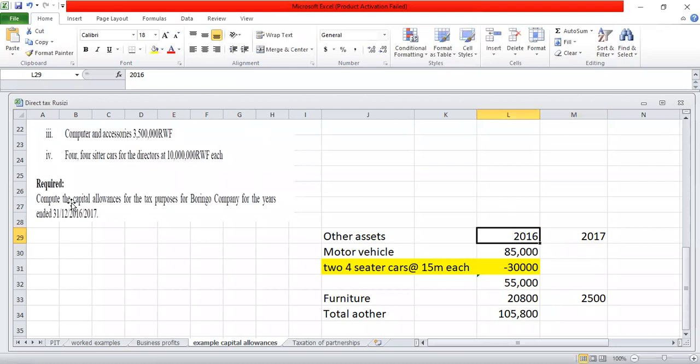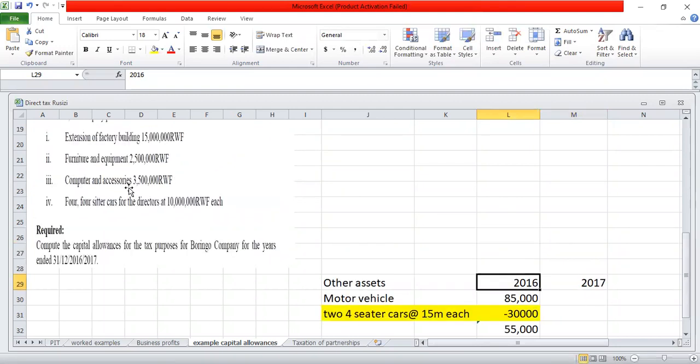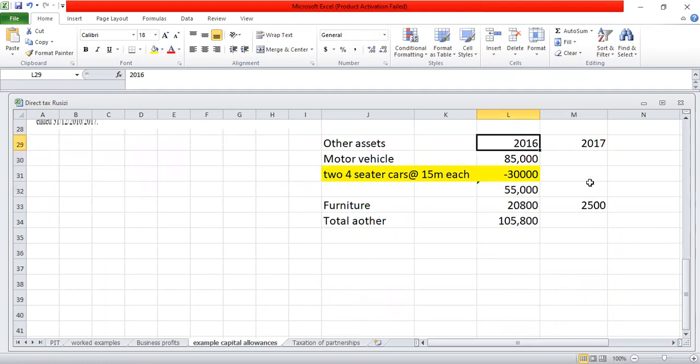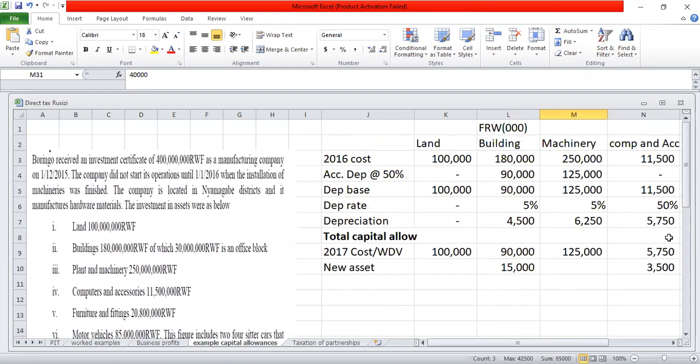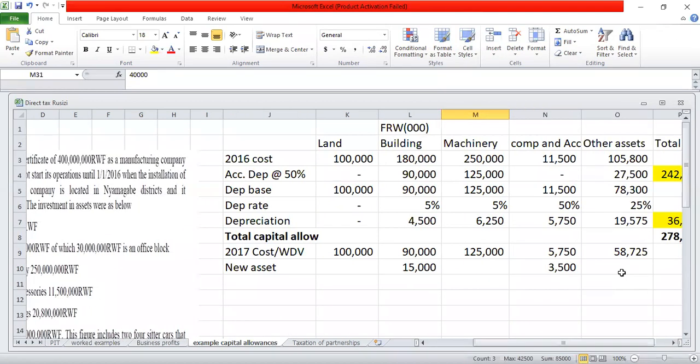And I have 4-seater car for directors of 10 million each. So it means the total here becomes 40 million for the 4-seater cars. Then I will get a total of 42,500.